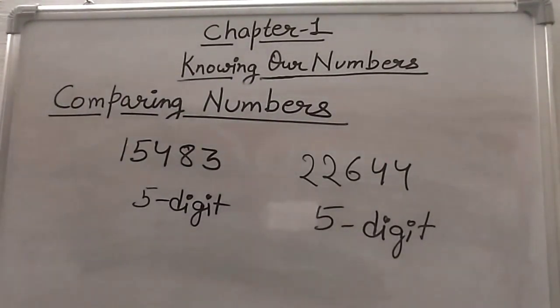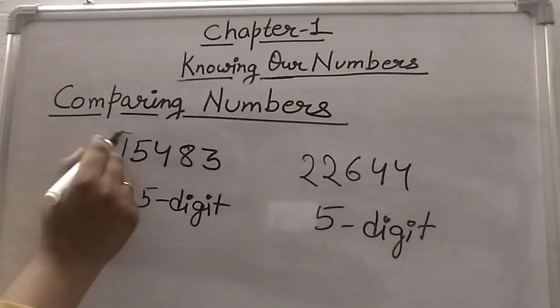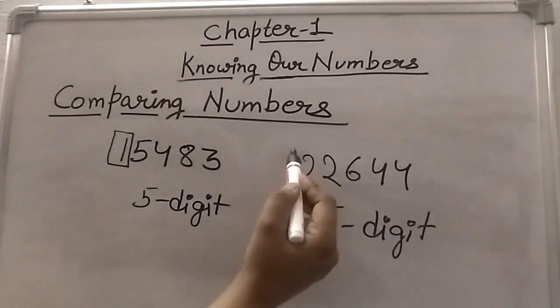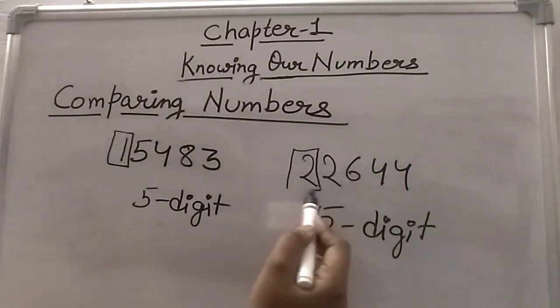Now what will we do? We will check the leftmost digit of both the numbers. The leftmost digit of this number is 1 and the leftmost digit of this number is 2.